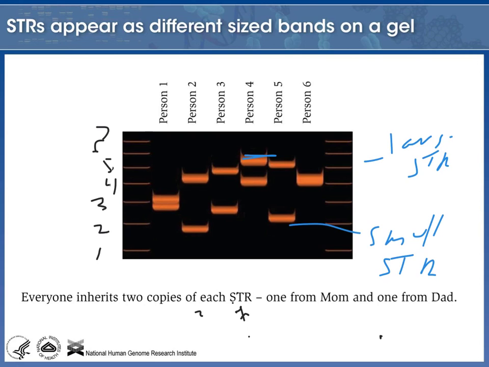If we look at right here, we have this individual, and that's from mom, let's say, and then we'll say this is from dad. This individual is actually, mom and dad have the same number of repeats there. For this person, we'll say mom is here, and then dad is down here.